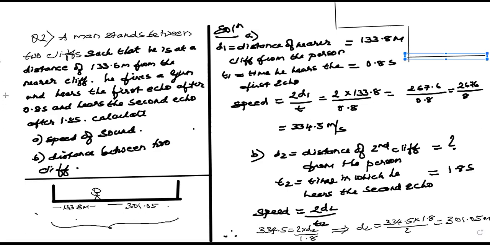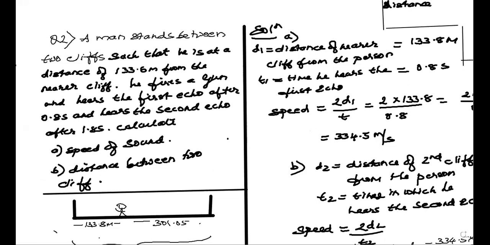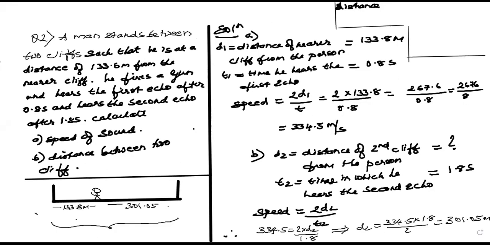The distance of the second cliff. The distance between the two cliffs is equal to 133.8 plus 301.05.